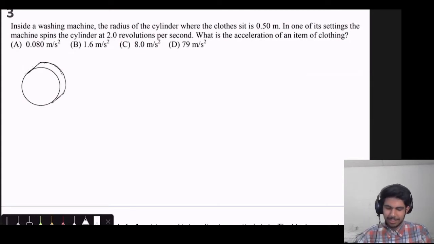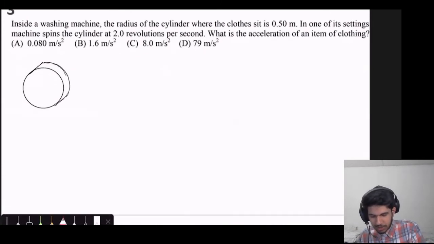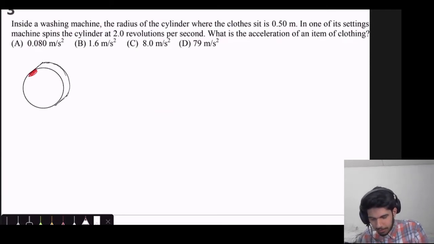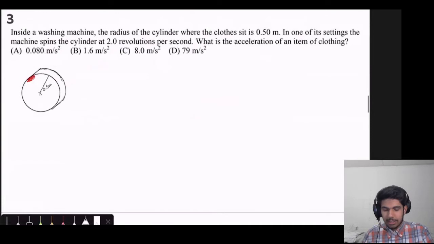Okay, that's our cylinder. It's bad, but it's a cylinder. And we have some clothes, which I'll just make as a little blob up here. And we know that the radius is 0.5 meters. And then it spins at 2 revolutions per second. And we're asked to find what is the acceleration of the item of clothing.